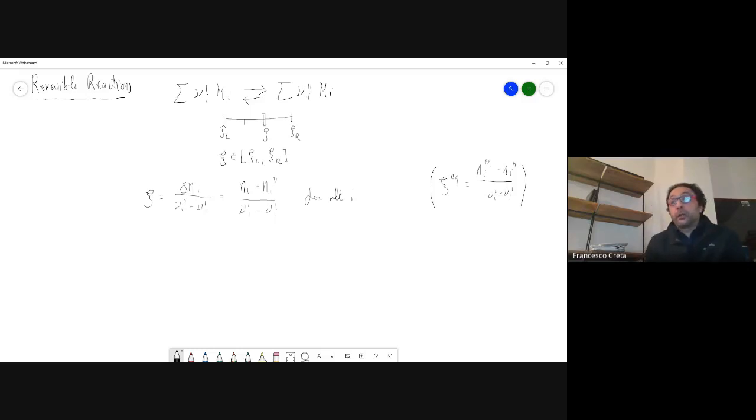But in general, any composition can be generated by just changing this independent variable. In particular, when psi equals 0, you see that the composition is equal to the initial composition. So this is always true: when psi equals 0, the number of moles of any species is equal to the initial one that I put in.